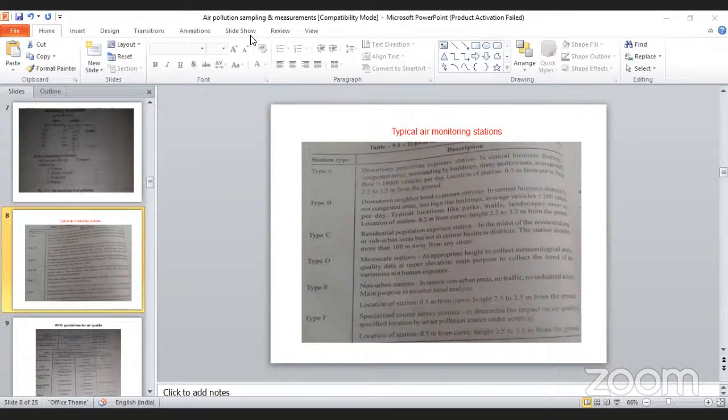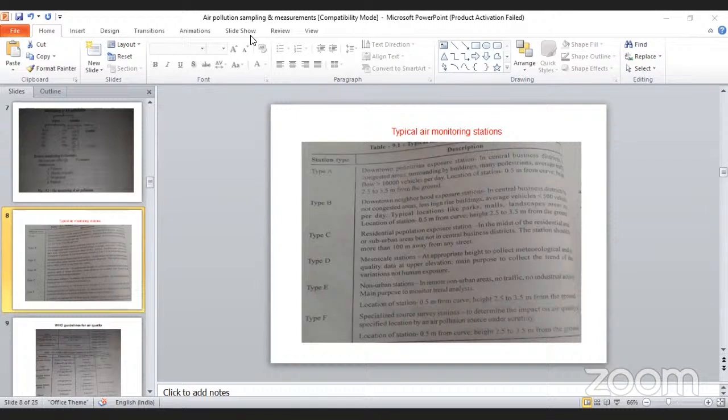Otherwise, whatever the technique, it is a tedious process and a laborious process, and we have to put up our effort for 24 hours. In such a situation, if you are collecting and doing analysis and at the end the method has error, it means no use. So whatever the method we are following, it must be 100% correct.